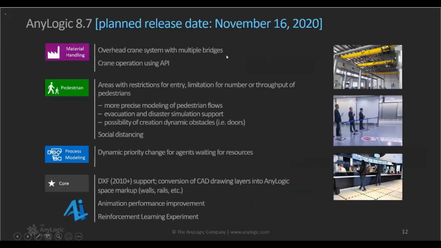Then we are currently in an active phase of testing AnyLogic 8.7. This release is planned in about a month. Here we have features for manufacturing modeling and material handling, like cranes, and the pedestrian library.